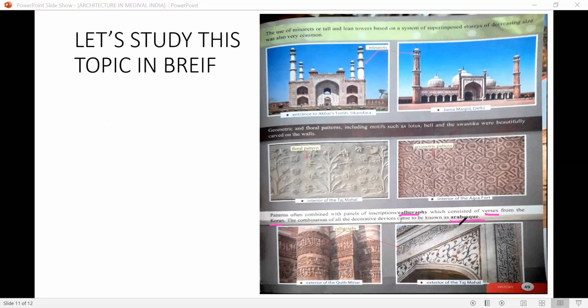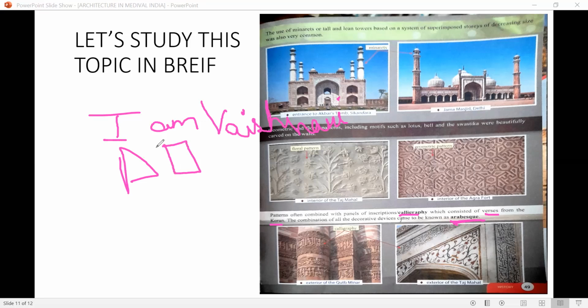And the Arabesque, what is the meaning of Arabesque over here? It is when we have the inscription also. Let me write the inscription over here. For example, I am Vaishnavi. I'm writing an inscription. Okay, so over here I have written my name, and then I'm drawing some patterns with it: circle, then circle, then square.